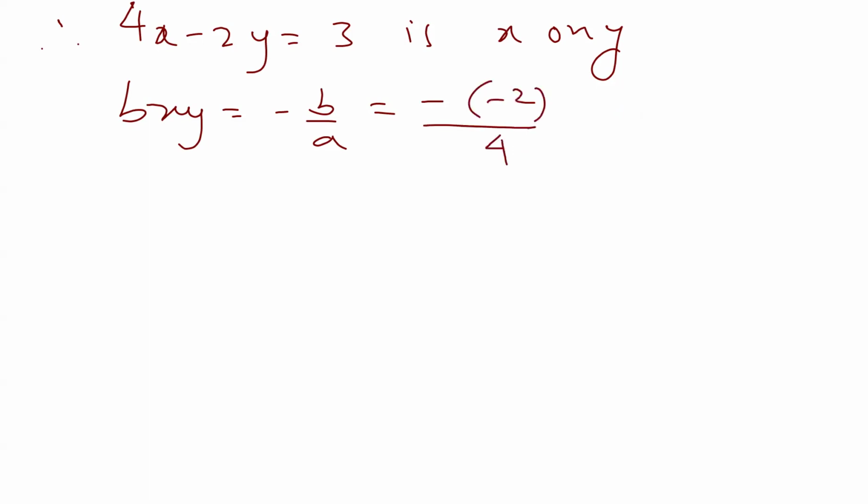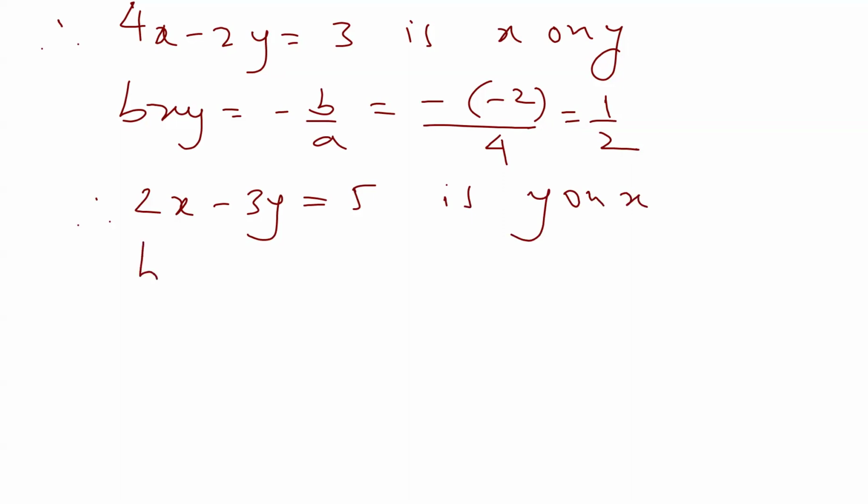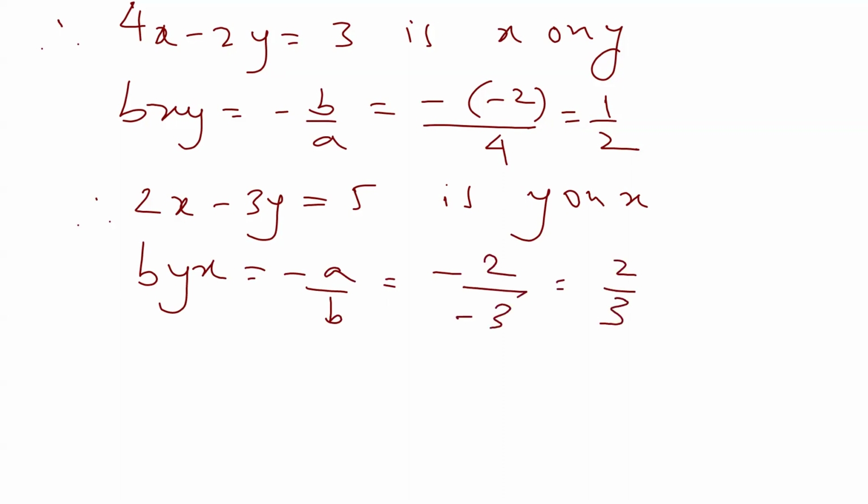So this is minus 2 upon, and a is the coefficient of x. So this is half. And the second line, 2x minus 3y is equal to 5, is y on x. So byx is equal to minus a by b. A is the coefficient of x, b is the coefficient of y. So this will be 2 by 3.